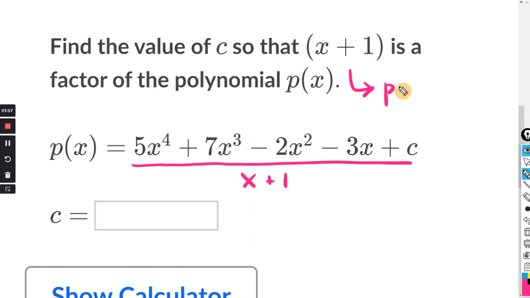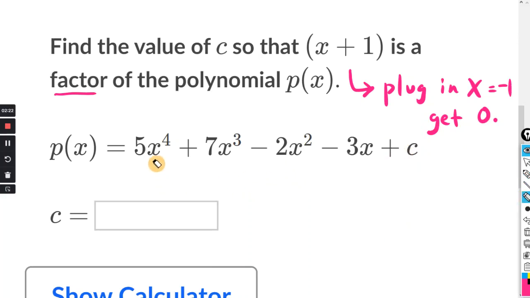So you want to plug in x equals -1. And we said if something is a factor, the remainder is 0. So when you plug in x equals -1, you should get 0. So that's what we're going to do to this polynomial. We're just going to plug in -1 wherever you see an x and set it equal to 0.